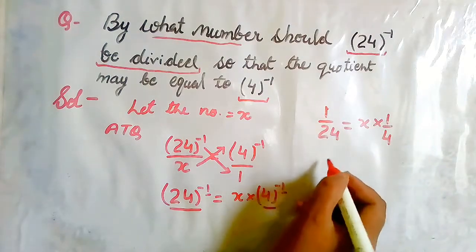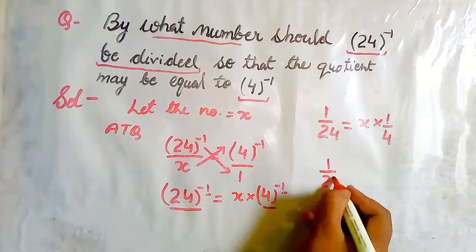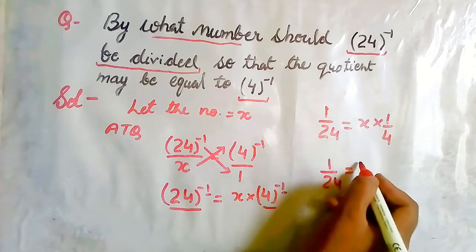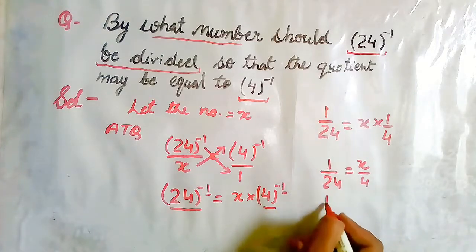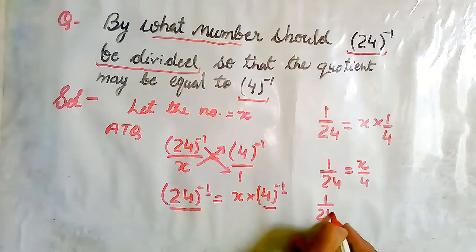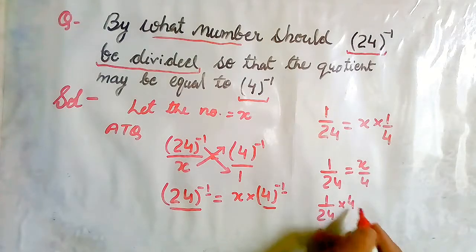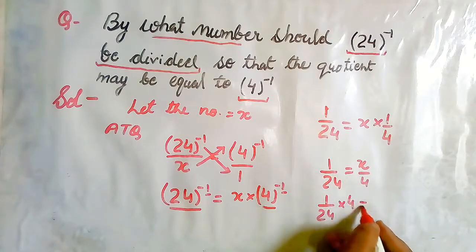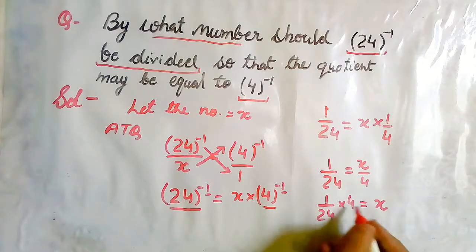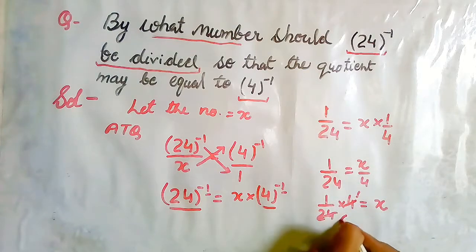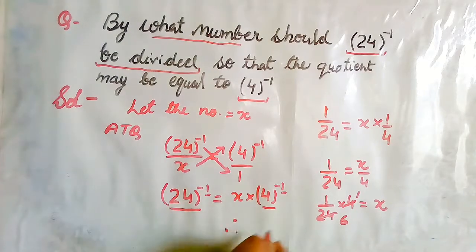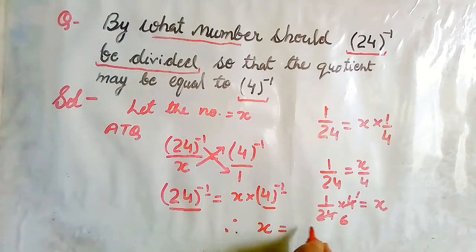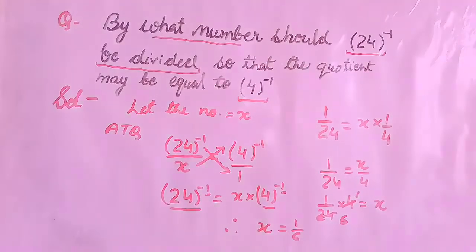Now simplify it. 1/24 as it is, and x multiplied by 1 will be x/4. Bring 4 to the left side, it will come in multiplication of the whole number. So 1/24 multiplied by 4 will be equals to x, and 4 1s are 4, 4 6s are 24. So the value of x will be 1 1s are 1 upon 6, which is your required answer.